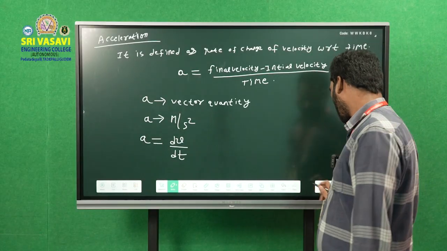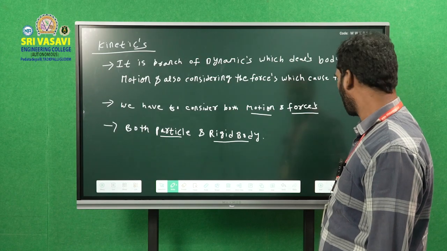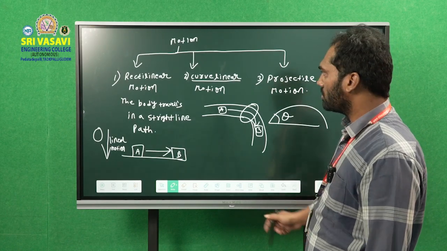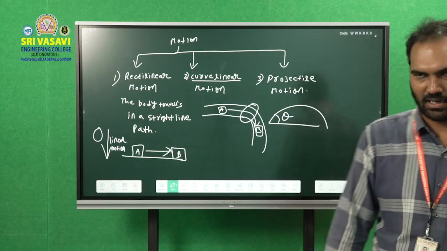Further, going to the first slide, here is the rectilinear motion. The rectilinear motion is further classified into three categories.